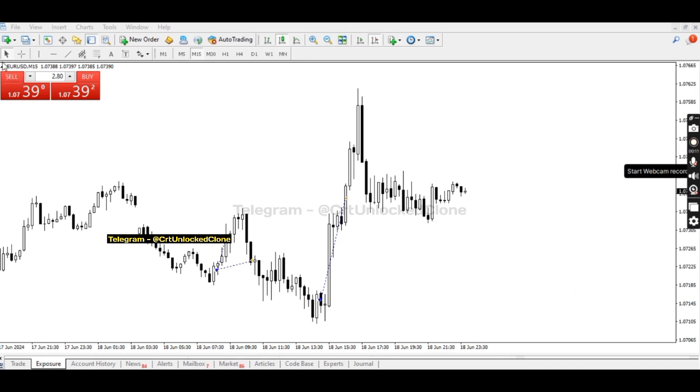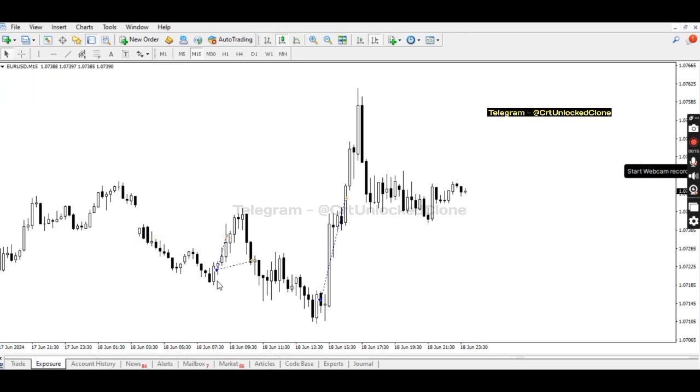Okay, so this is my execution right here. You can see, first of all, I took my entry right here at this order block, which was a marked one entry, and I took some partials right here at the 50% of the range, and then I got out of the rest of the trade right here at break even, and then I waited for another opportunity and took my entry right here at this order block, and then rode it till this CRT high right here.